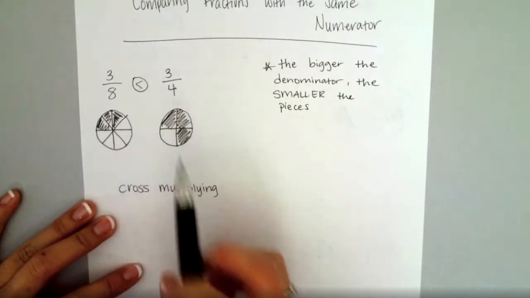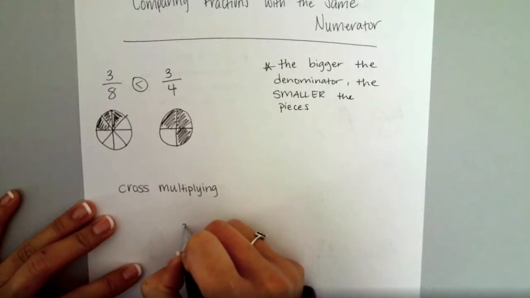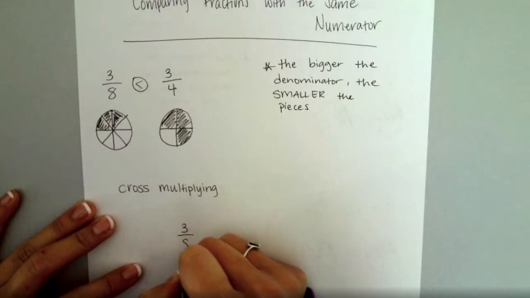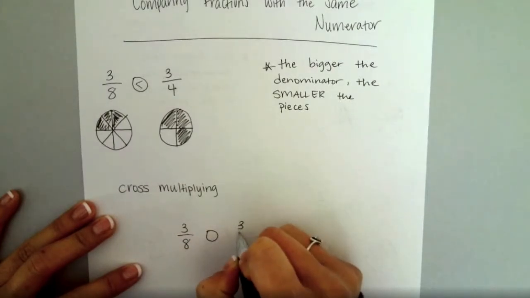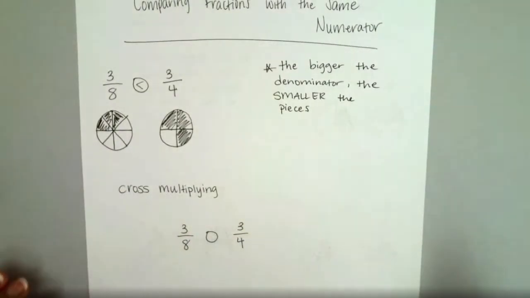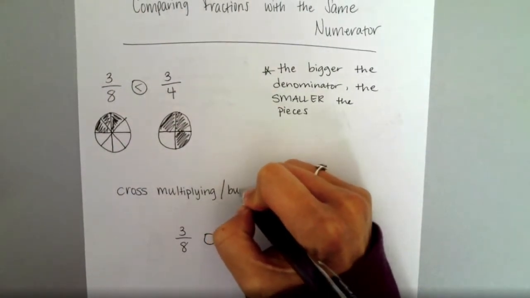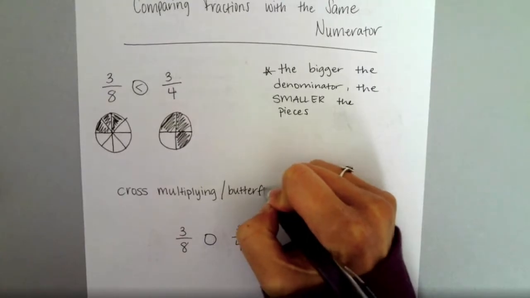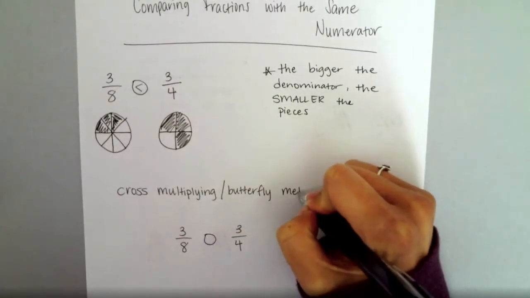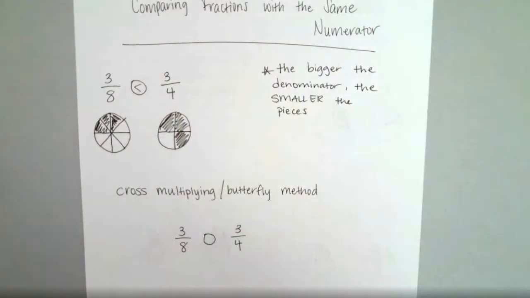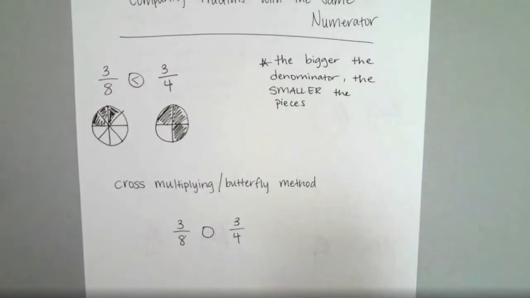And I'm going to use this same example, this 3/8 and 3/4. So what cross multiplying slash the butterfly method is a little trick to help us comparing.